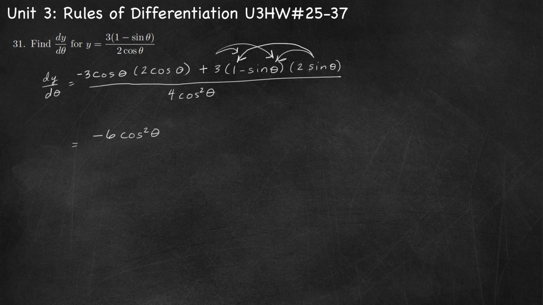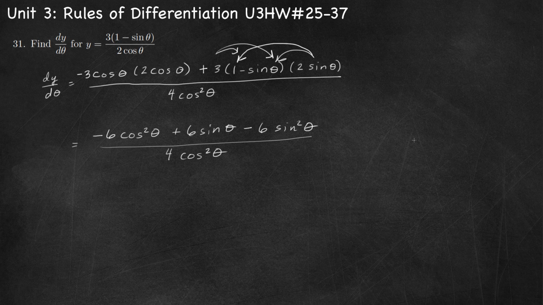So the 2 sine theta multiplied by the 1 is 2 sine theta, multiplied by the 3 is 6 sine theta. And then I have 2 sine theta times negative sine theta, so that's negative 2 sine squared theta, times the 3 is negative 6 sine squared theta, all over 4 cosine squared theta.